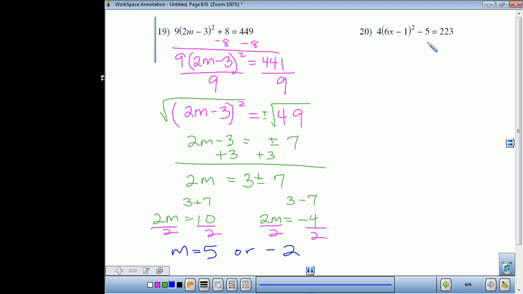Still don't have this part. Wait, hold on. Who's writing? Minus 6x. Now you add 1 to both sides.